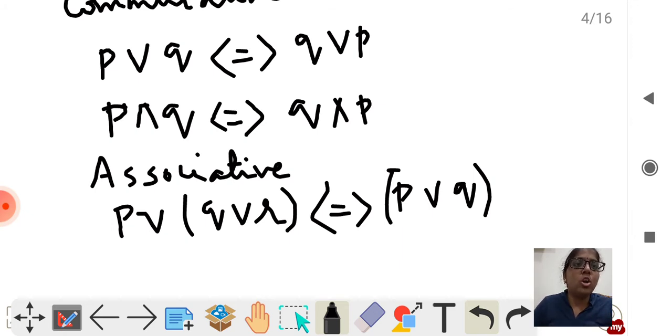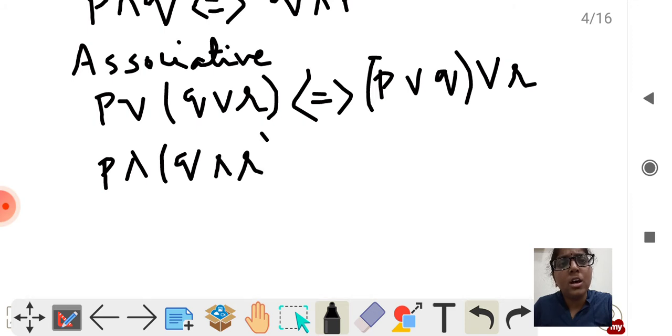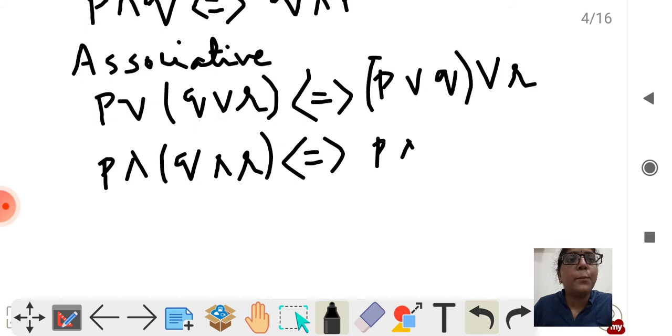These two are logically equivalent statements. Similarly, P and (Q and R) is logically equivalent to (P and Q) and R.